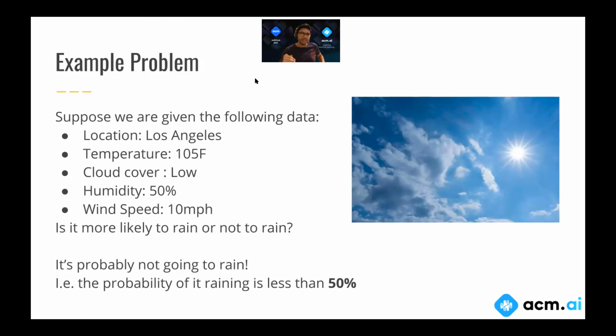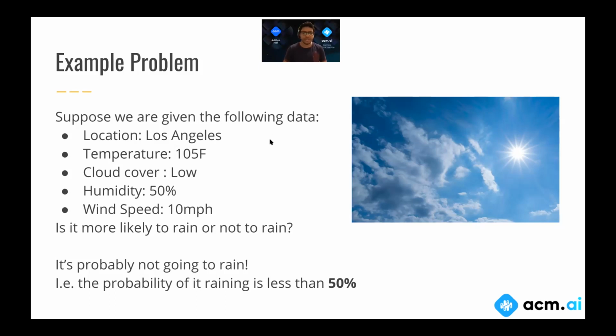It very rarely does a logistic regression model say with 100% certainty that it is going to rain or it's not going to rain. That's not how it usually works. What usually happens is the output of the model is going to be a probability. Is it likely to be in this class or in this class? Is it likely to rain or not rain? Is it more likely that the image is a cat or a dog?